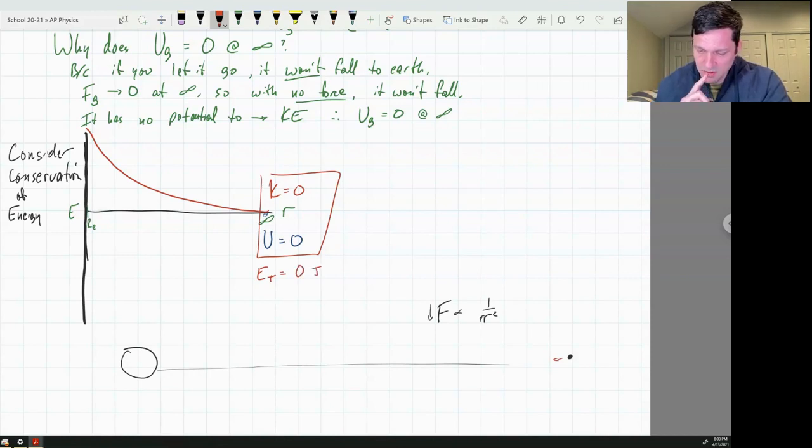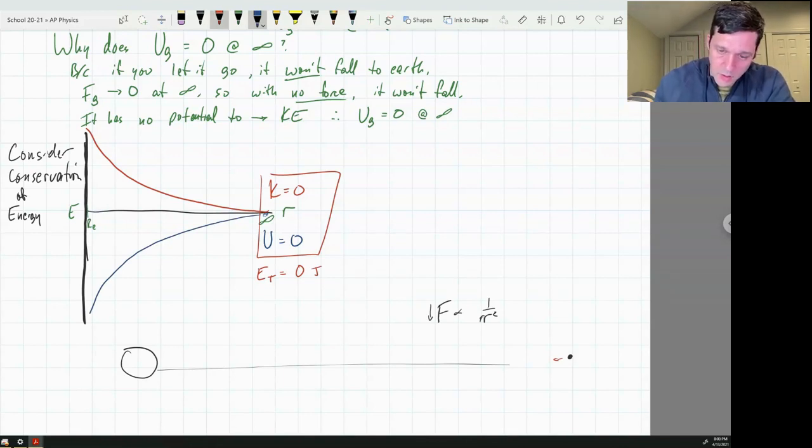So if energy is to be conserved, then as you approach the planet and gain kinetic energy, as we usually expect, you lose potential energy. But since potential energy started at zero, as far as record keeping goes, it makes the most sense for potential energy to be negative.